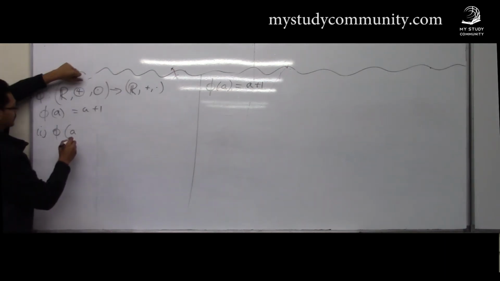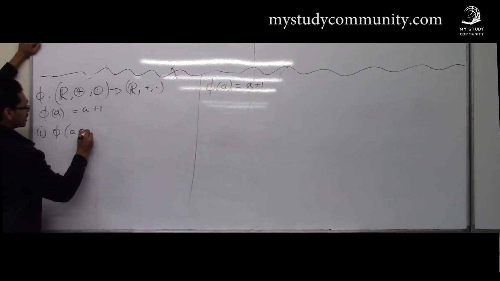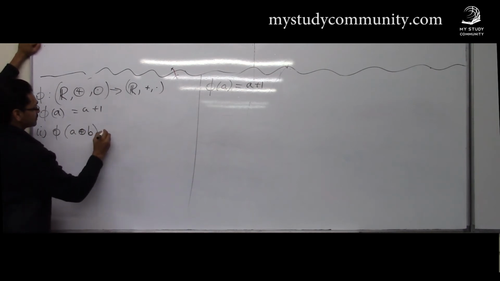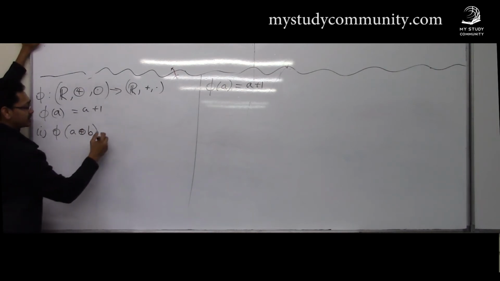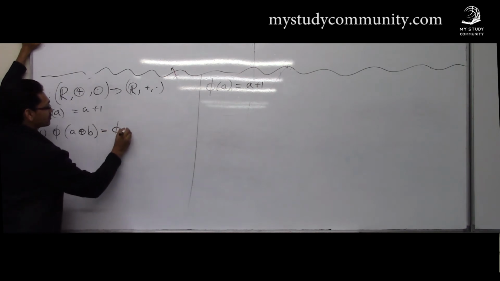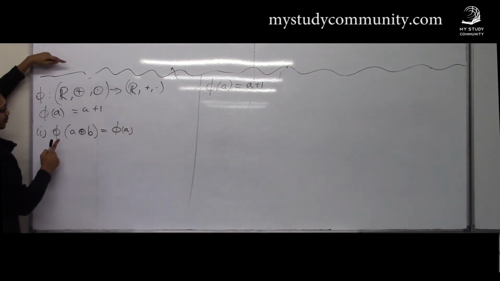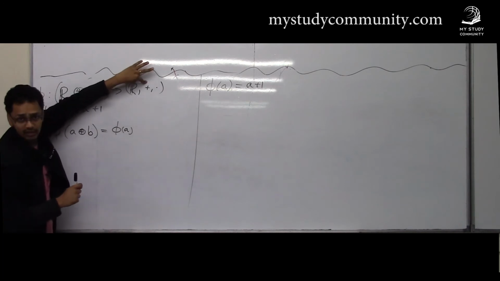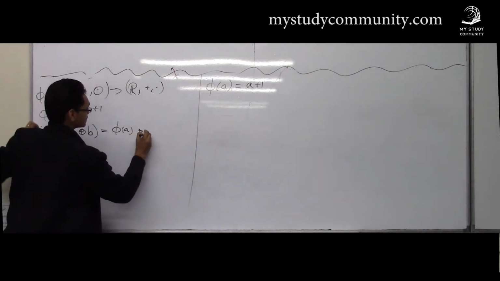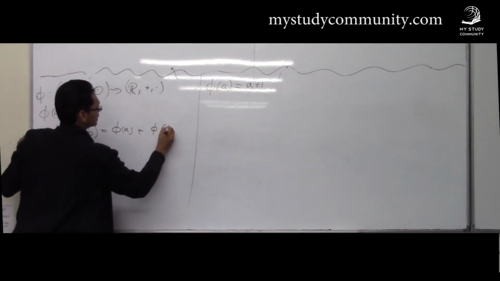So we need to show that phi of a circle plus b equals phi of a, the operation in this set being normal addition, plus phi of b.